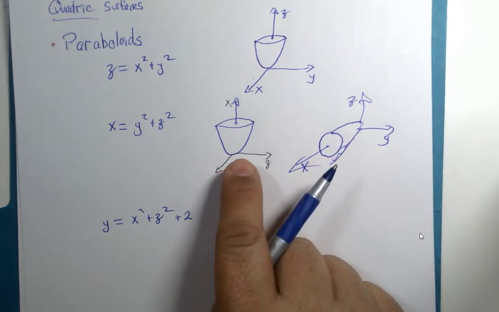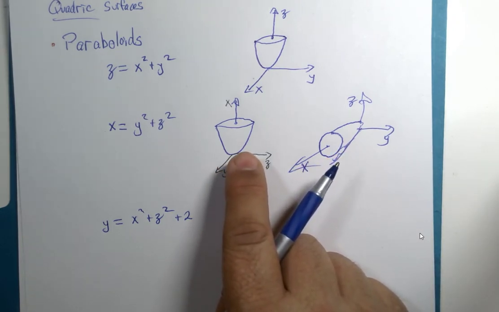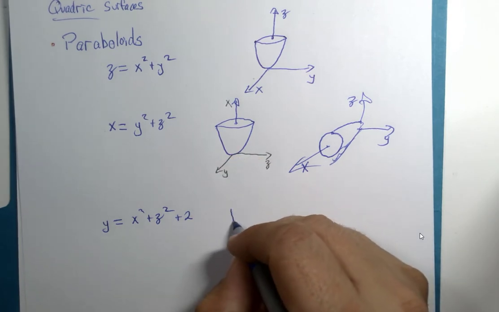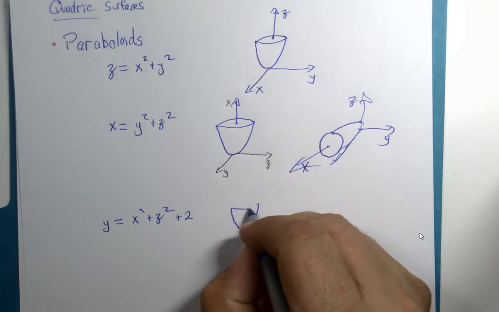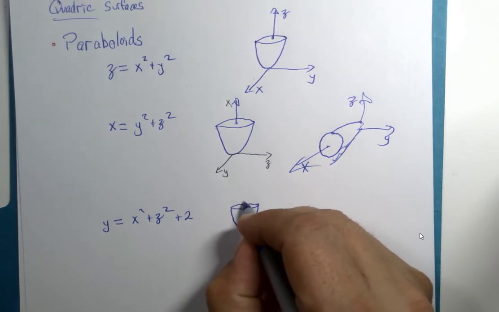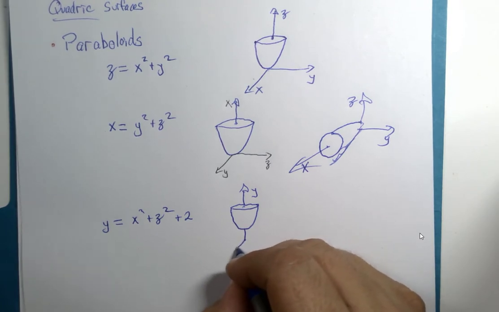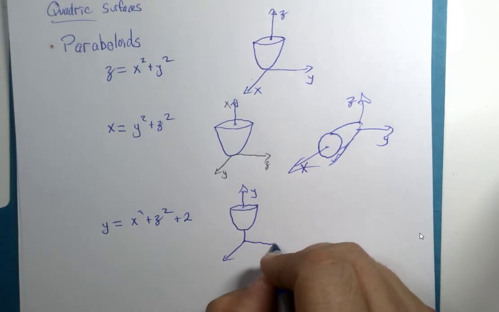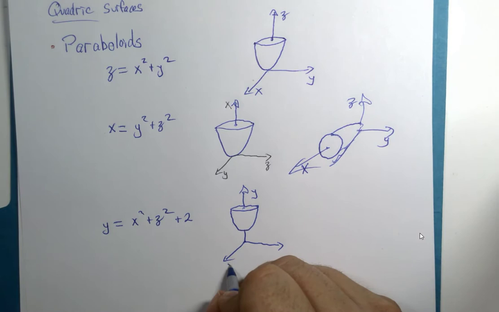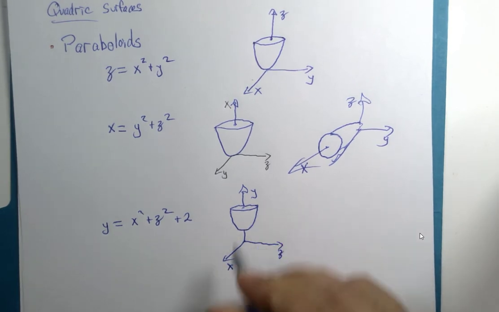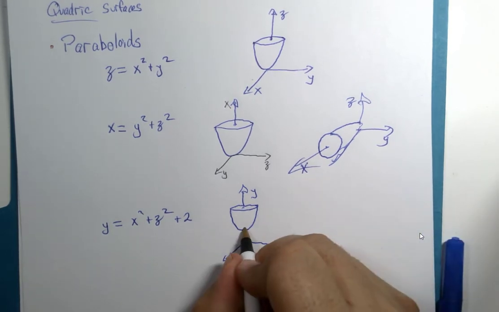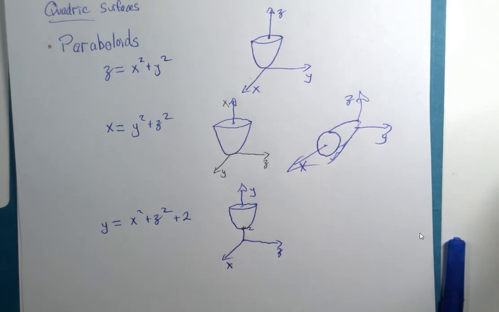You could attempt to draw it, well, like this. Label that the y-axis, but it needs to be moved 2 units. So that would be x and z. So maybe I would label this as 2 right here to indicate that this graph has moved 2 units in that direction.